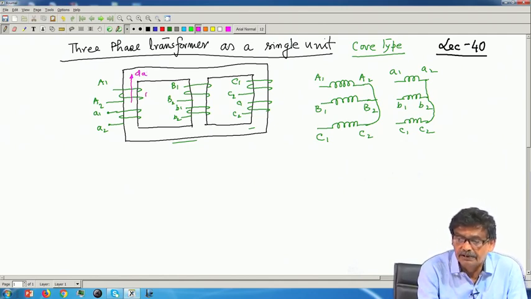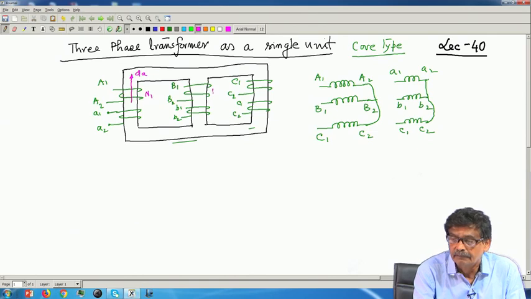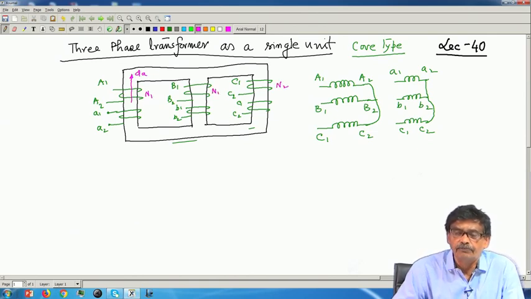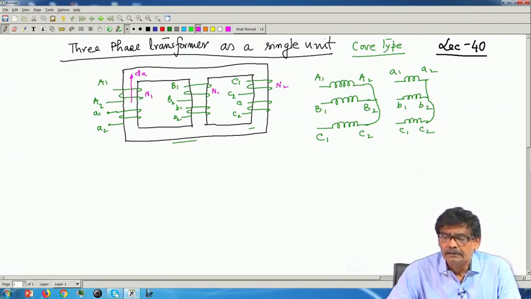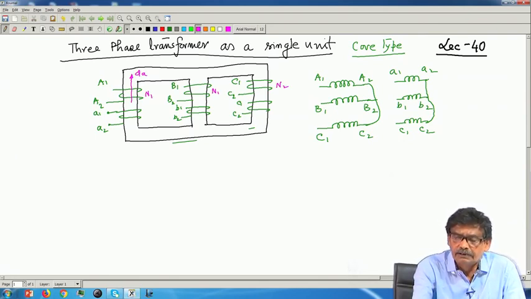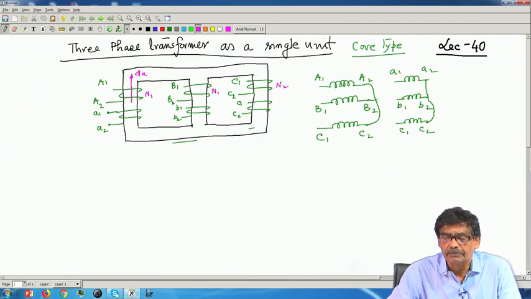Suppose these primaries have capital N1 turns. So, what is the value of phi A max of A phase? That phase voltage, whatever you have applied across capital A1 A2, divided by root 2 pi f N1.